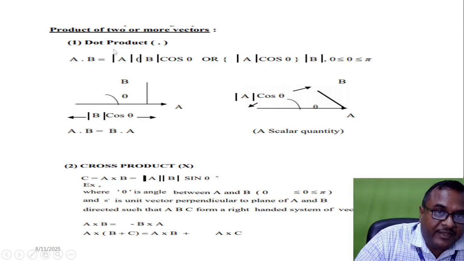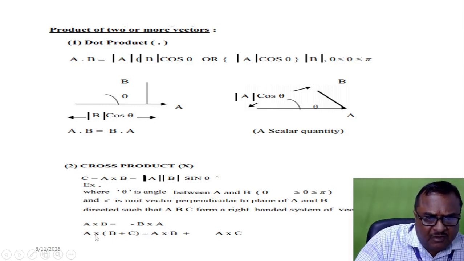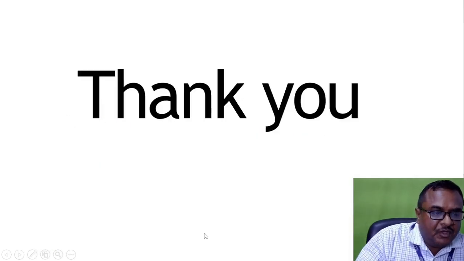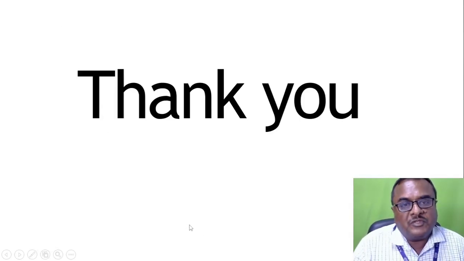So A cross B equals minus B cross A, whereas in the dot product, A dot B equals B dot A. Here we have a scalar quantity, and here a vector quantity. Therefore, A cross B equals minus B cross A. Similarly, A cross (B plus C) equals A cross B plus A cross C.